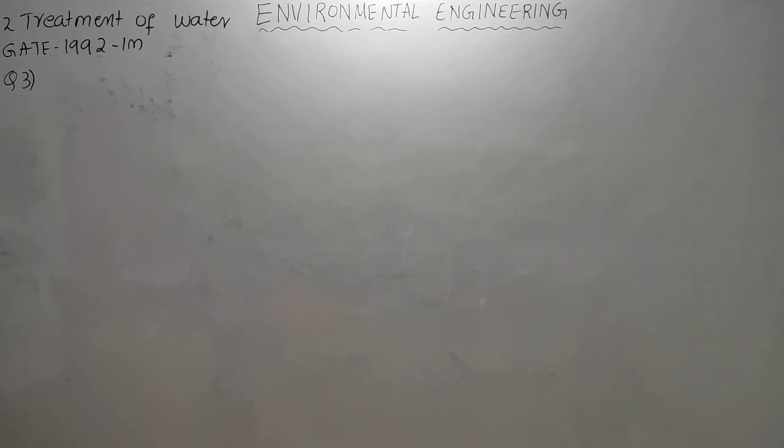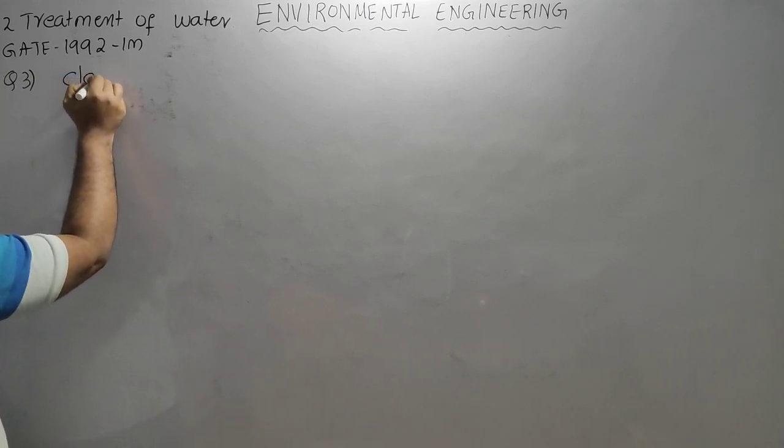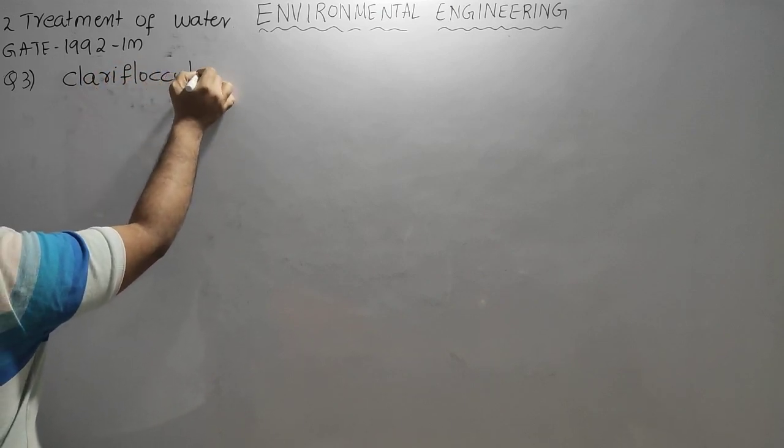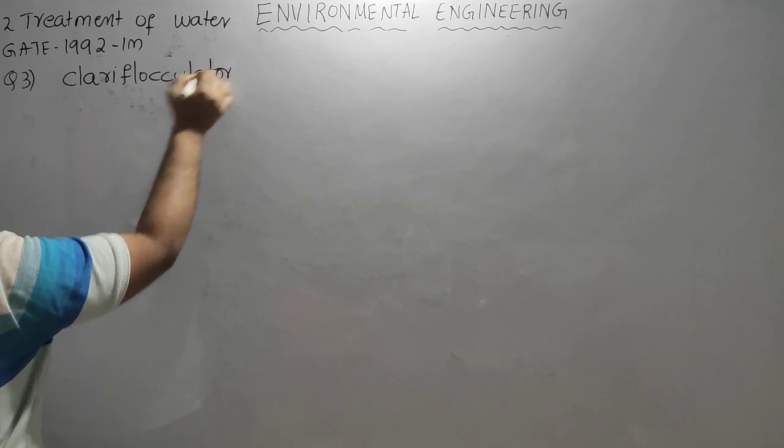Here the clariflocculator is a unit in which the following things will occur. I already told you clearly what a clariflocculator is. So a clariflocculator will contain 3 things.